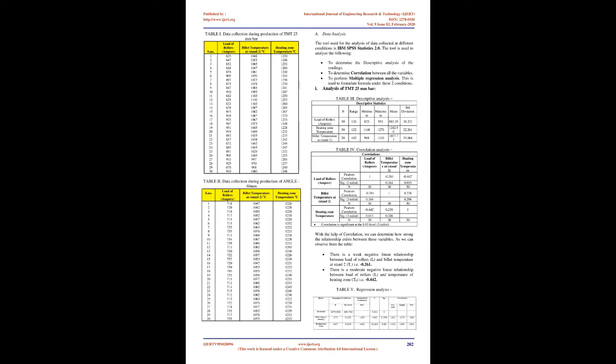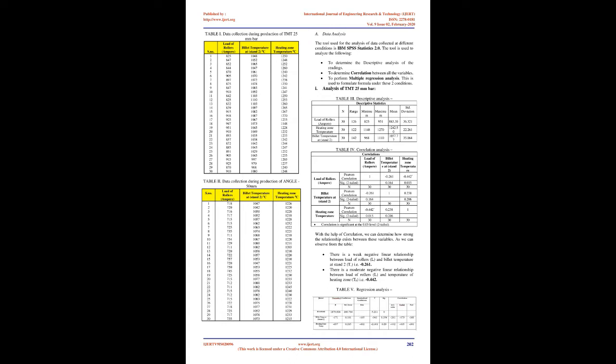Load of roller in ampere equals L. Where load of roller, L, is dependent on the other two variables, i.e. temperature of billet at stand 2, Ts, and temperature of heating zone, Th. Hence, load of roller, L, is considered the dependent variable and the other two are independent variables.